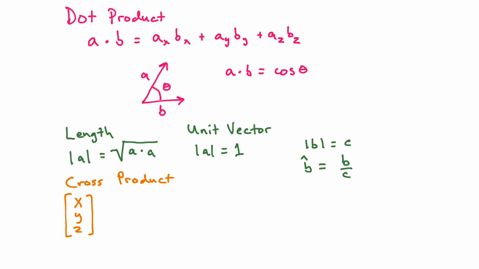So if we have a cross b, we start out with ay times bz minus az times by.